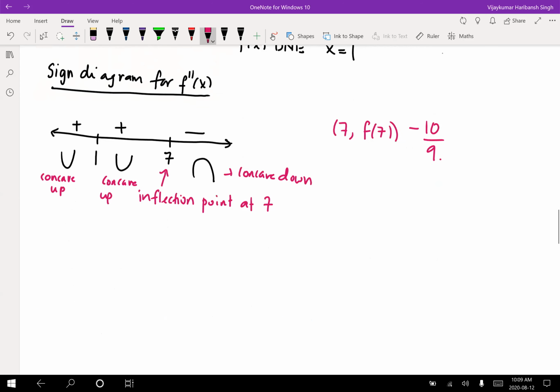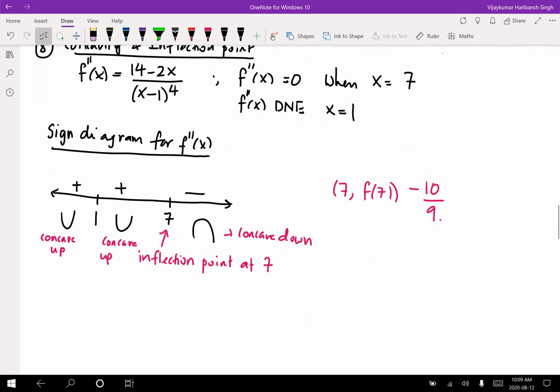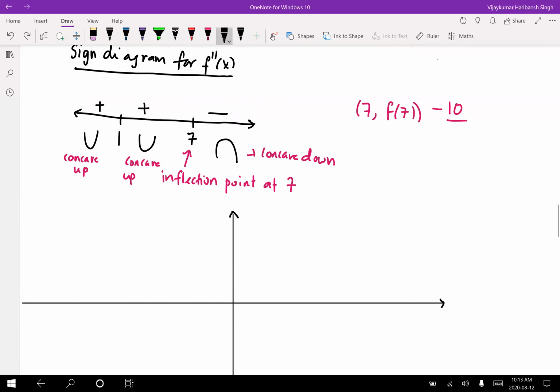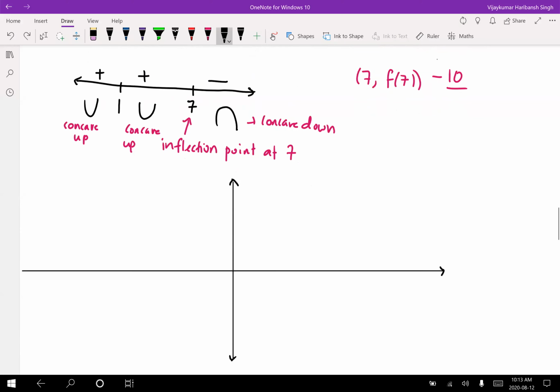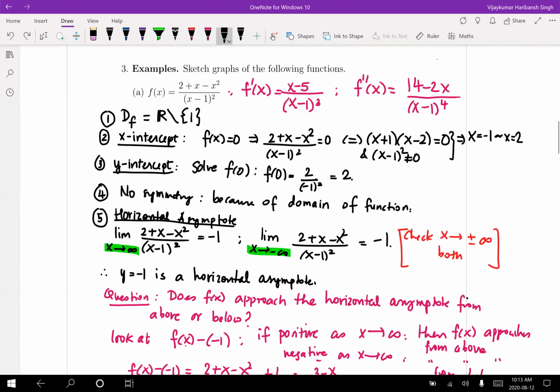Okay. So now we are ready to draw the graph of the function. We will draw now by basically taking the points. So what are the important points? So let's start with the first.